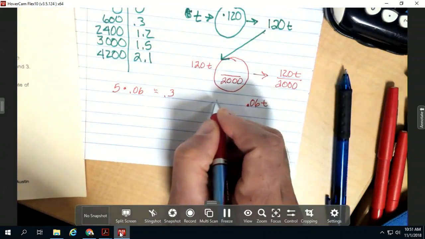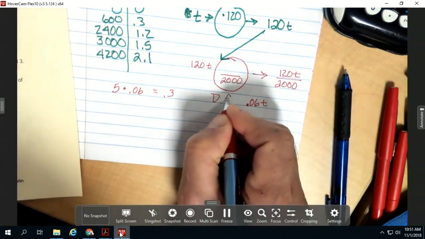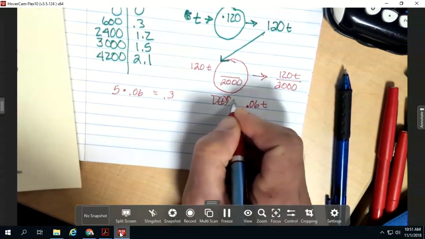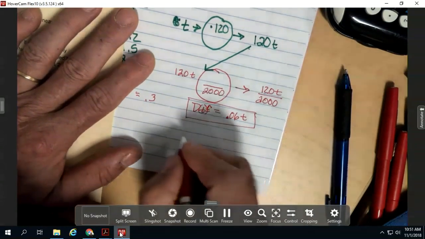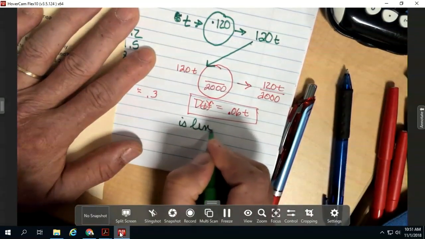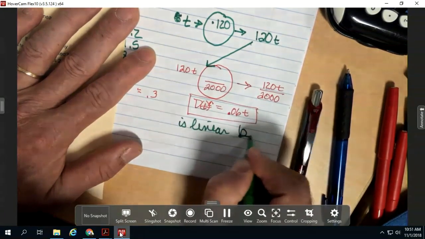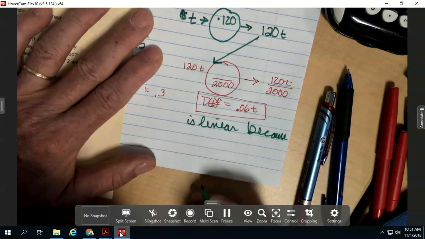My question to you is, distance as a function of time, in this case, is this a linear equation? Anybody know why?